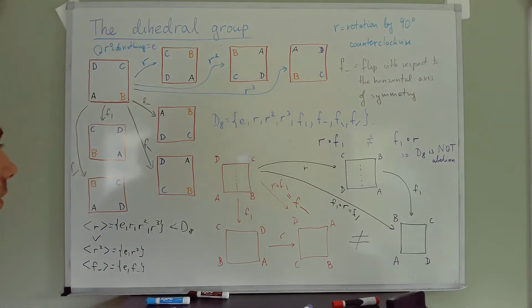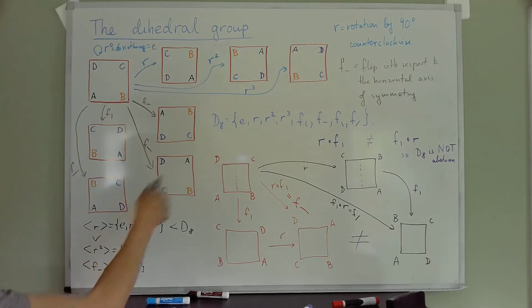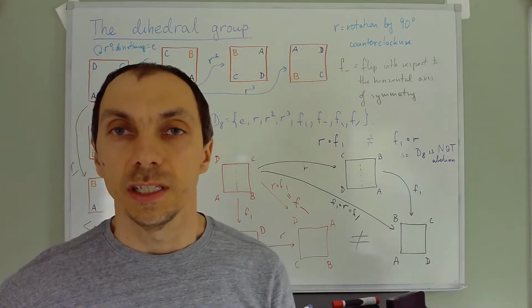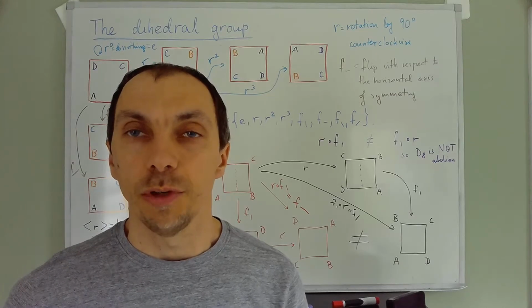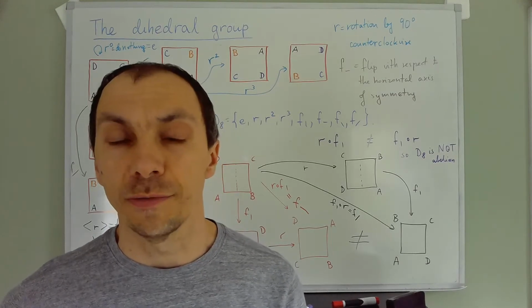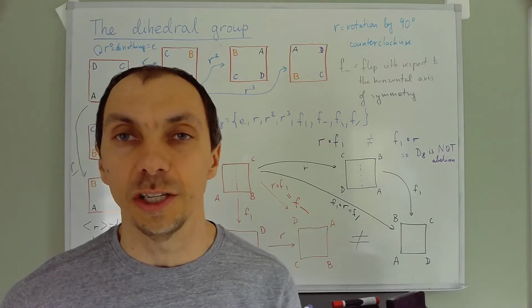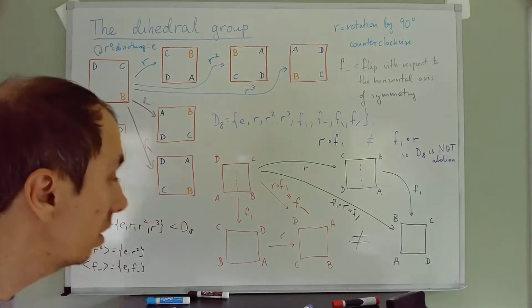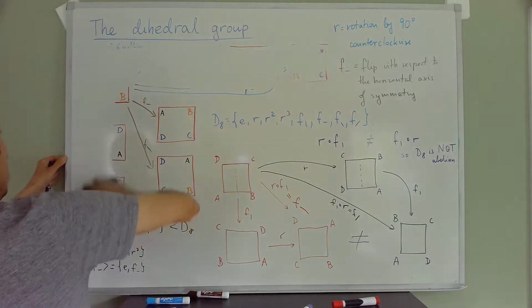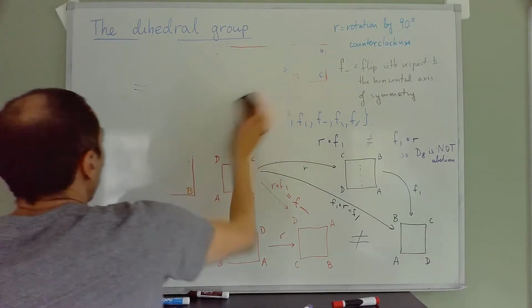So there's actually lots of interesting subgroups inside the group D8. So this is an example of a group that really arises by studying symmetries of something. You, of course, don't have to study symmetries of a square. You can study symmetries of other regular polygons, and that gives you the general dihedral groups.